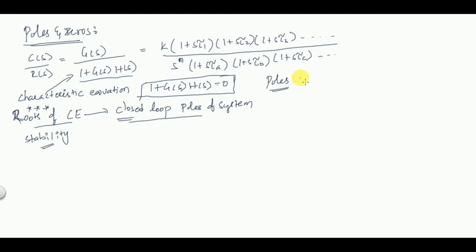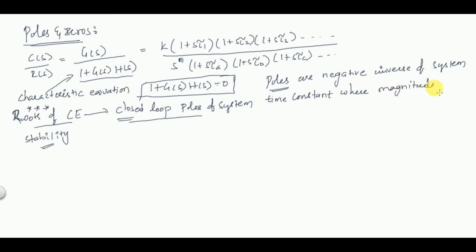Poles are the negative inverse of system time constants where the magnitude of the transfer function becomes infinity.